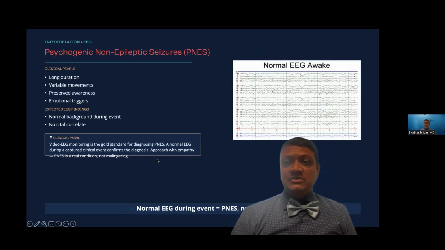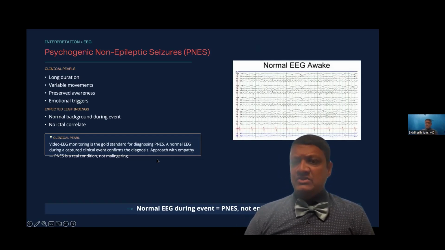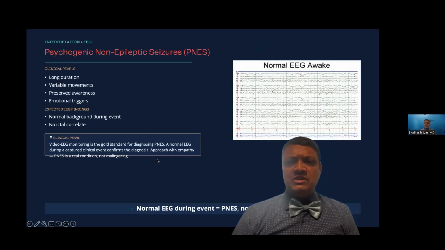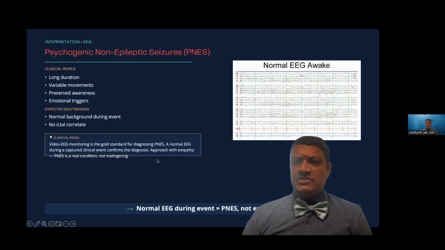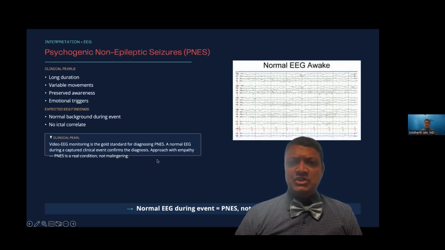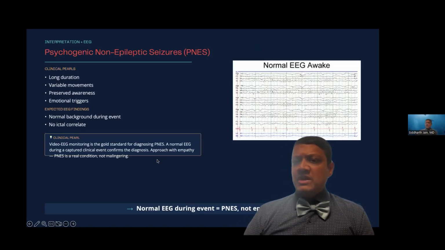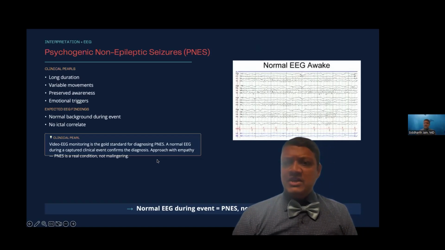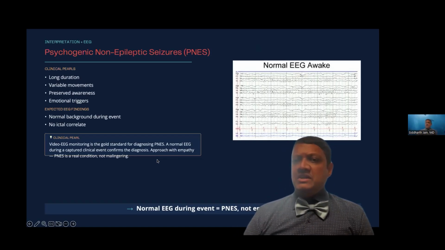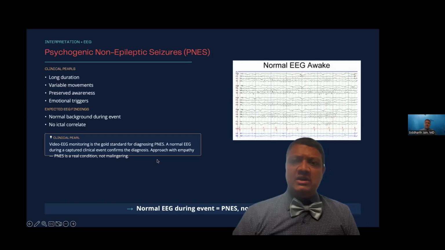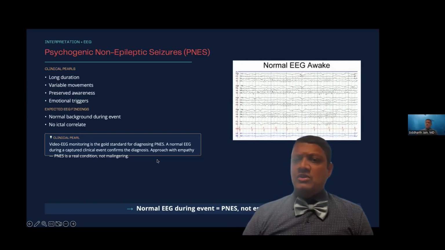This diagnosis is essential to make, as the treatment usually does not respond to anti-epileptic agents. And sometimes if the events continue, they may lead to escalation of the medication and addition of further medication, but that does not really help the underlying cause or these symptoms.